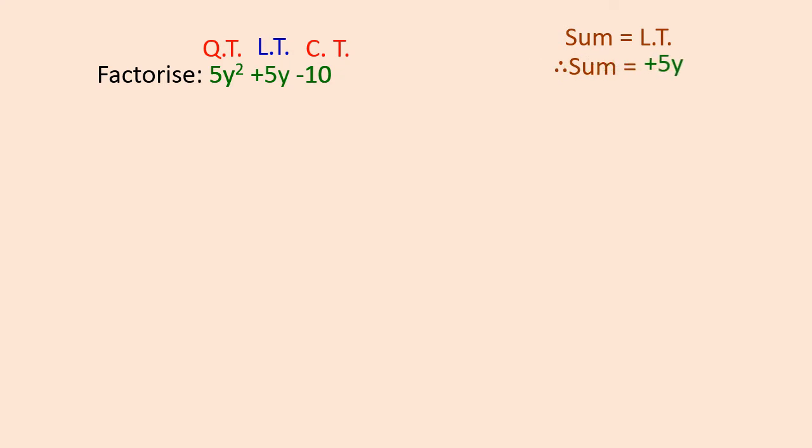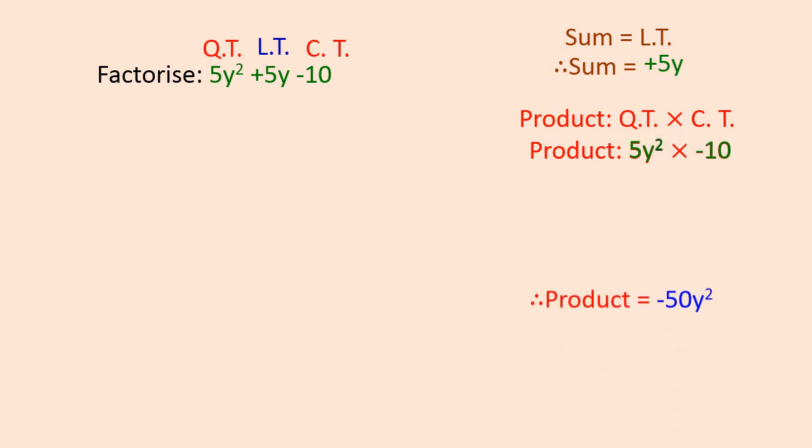Now we're going to find out product. Product is equal to quadratic term into constant term. As we can see in the polynomial, quadratic term is 5y square and constant term is minus 10. So we can multiply 5y square into minus 10, which will give you minus 50y square.